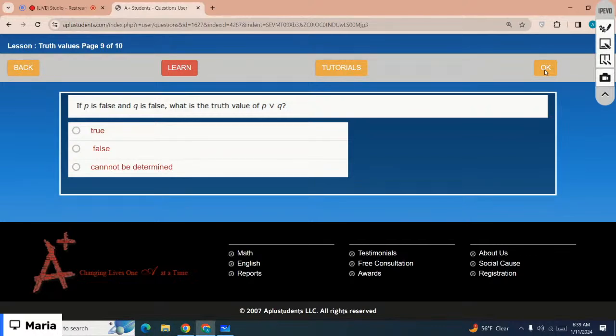If P is false and Q is false, what is the truth value of P or Q?